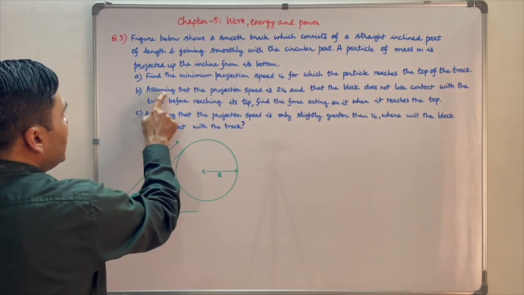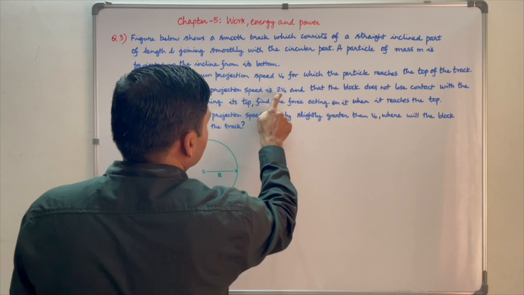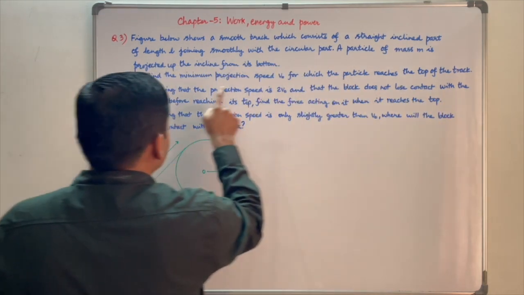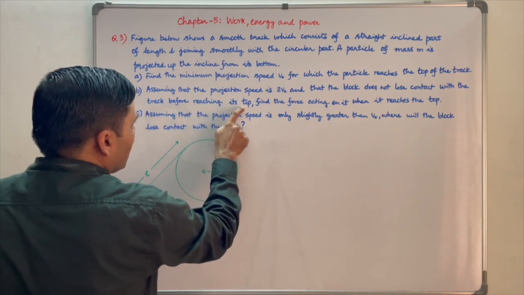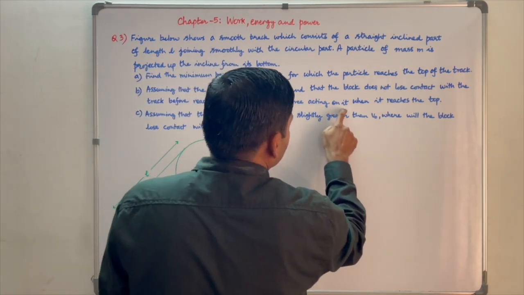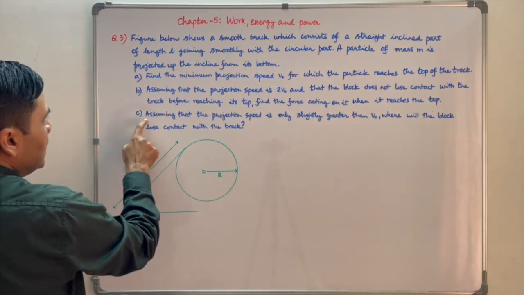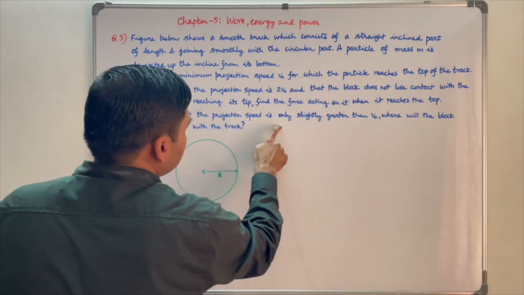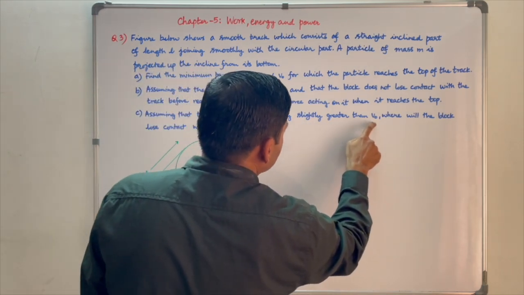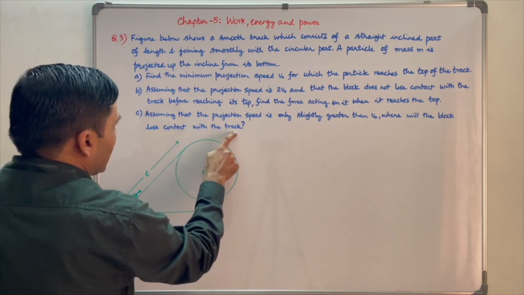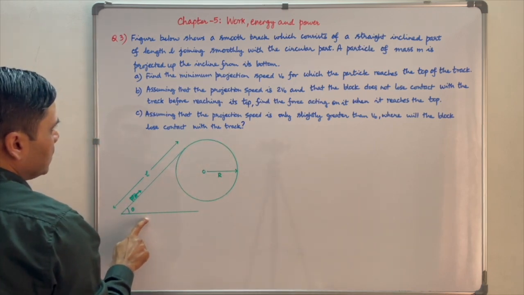Part B. Assuming that the projection speed is 2V0 and the block does not lose contact with the track before reaching its top, find the force acting on it when it reaches the top. Part C. Assuming that the projection speed is only slightly greater than V0, where will the block lose contact with the track? This is the figure given.